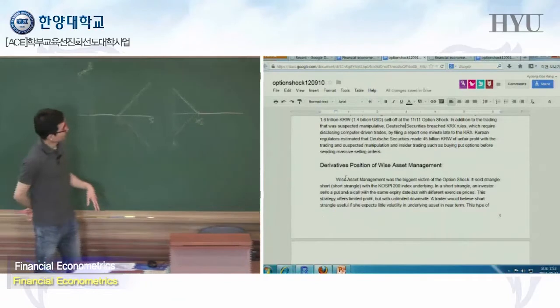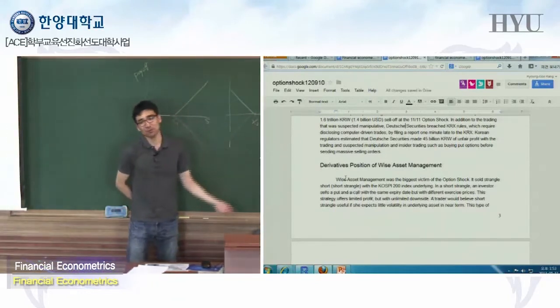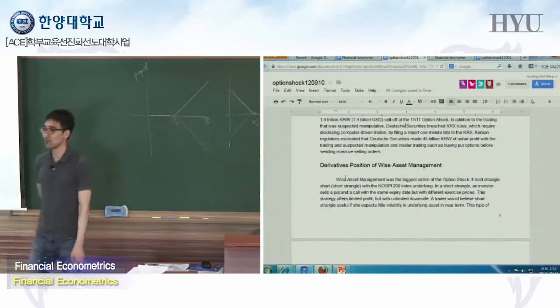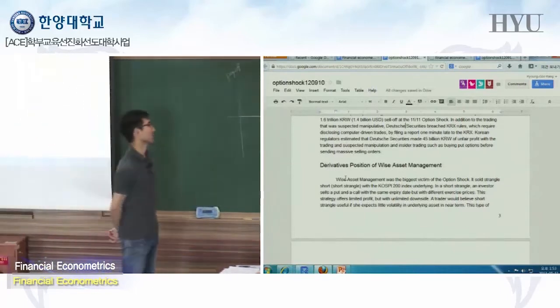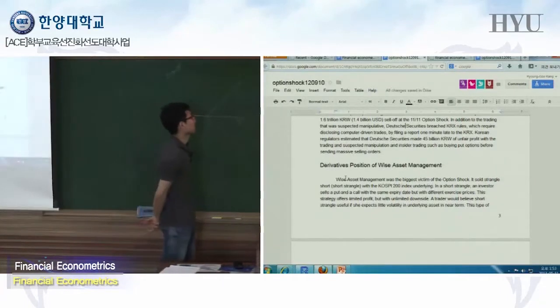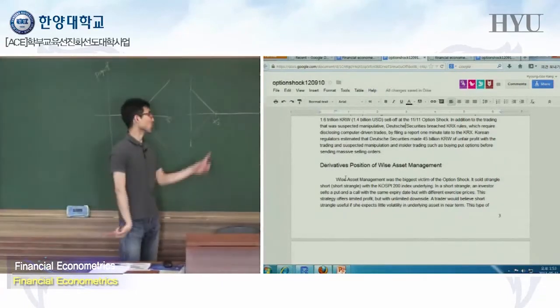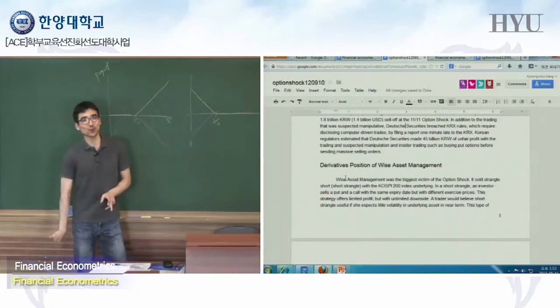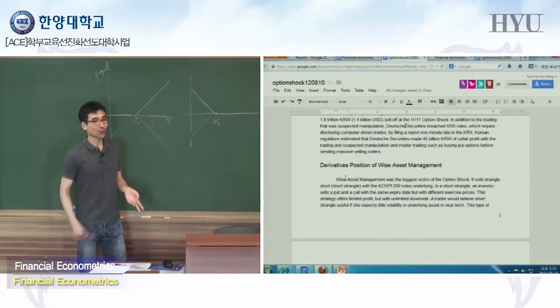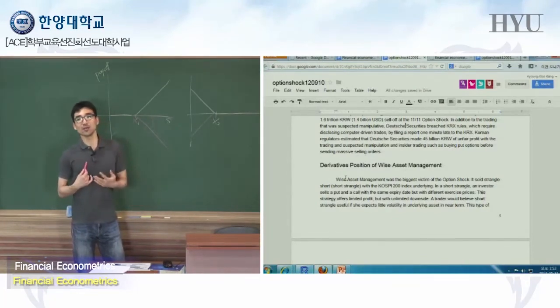Okay. If you have a short position in the put option, then you will have something like this. If the asset price is greater than X2, the put option holder doesn't exercise the option right, therefore nothing happens. But if the asset price is lower than X2, now the put option holder sells a cheap asset at a higher price, and you have to accept that order. You have an obligation to honor the contract.